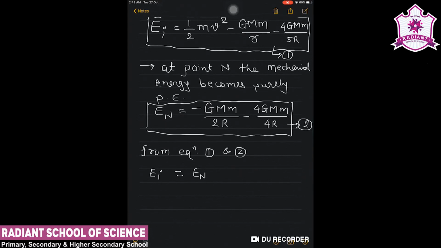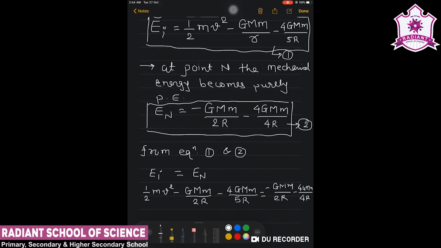Now what it will provide us is 1/2 mv square minus G capital M small m upon small r, that is now 2r, minus 4G capital M small m upon 5r is equal to, so now let me say this r is now 2r as we have already obtained it, is equal to minus GMm over 2r minus 4GMm over 4r.